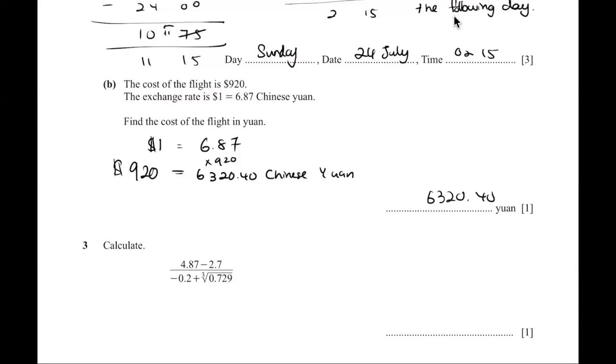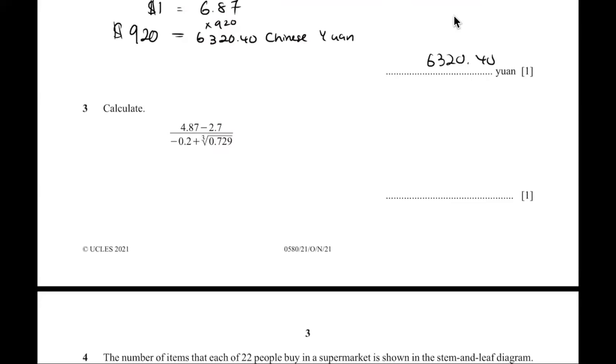Next, calculate this one here. In your calculator, you can just type it in. But if I were you, I would still write in the working first, because that will save room for error.